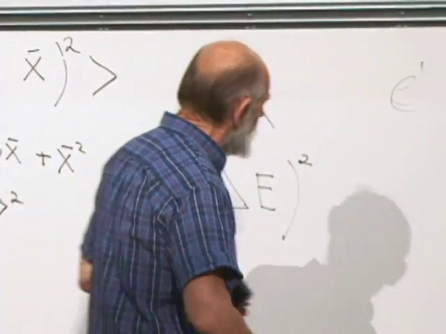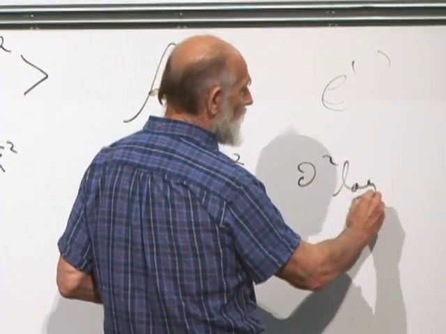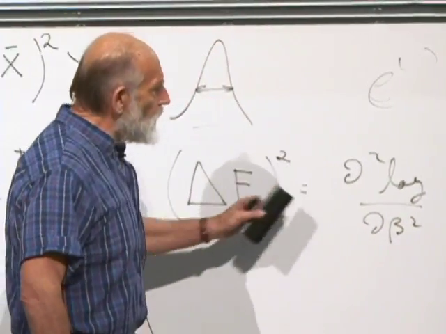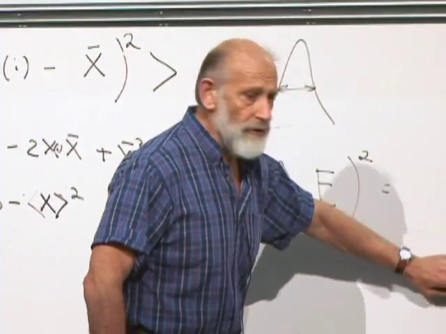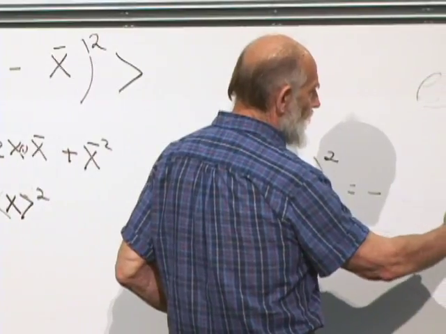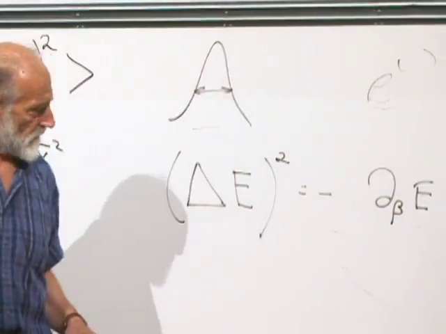And what we find out is that it's the second derivative of log Z with respect to beta squared. Now the first derivative of log Z is just the energy, or minus the energy, and so we have d by d beta of the energy.